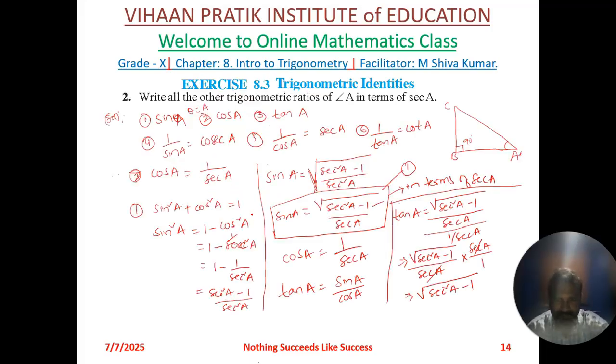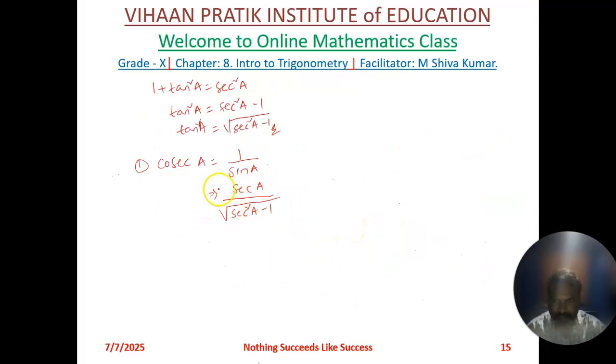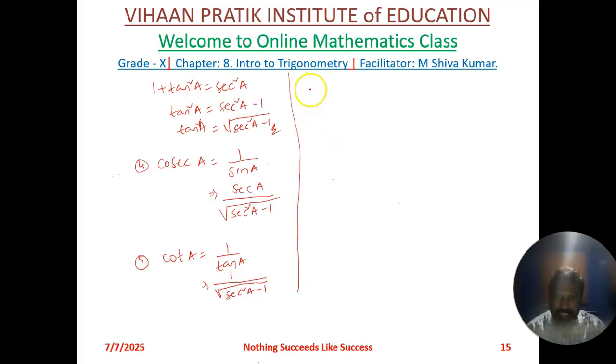That's it, this is straightforward. The last trigonometric ratio, this is 4, this is 5, is cot A. Cot A is the reciprocal of tan A, 1 by tan A. So the value of 1 by tan A here is 1 by square root of secant square A minus 1. That's it.